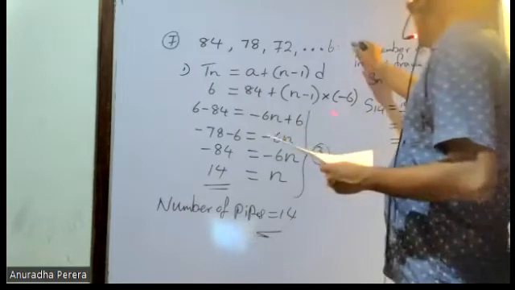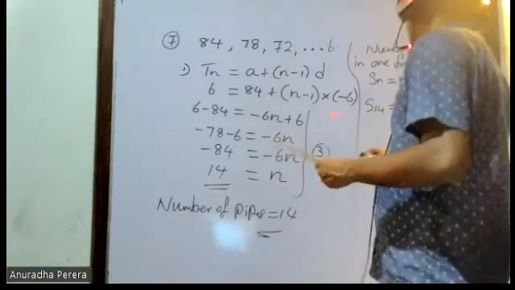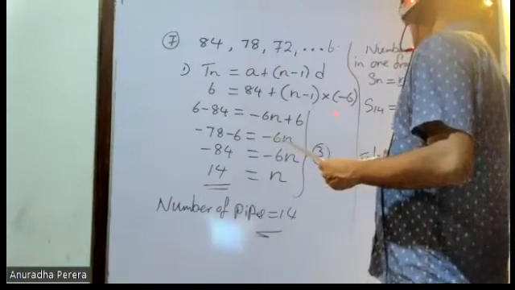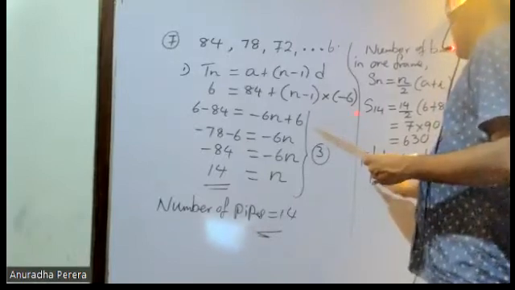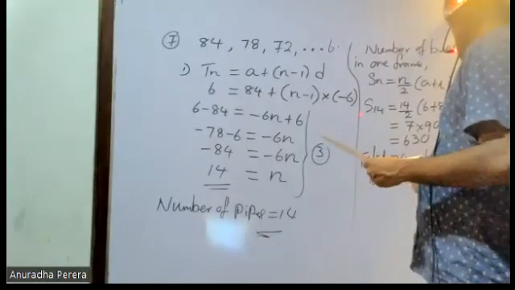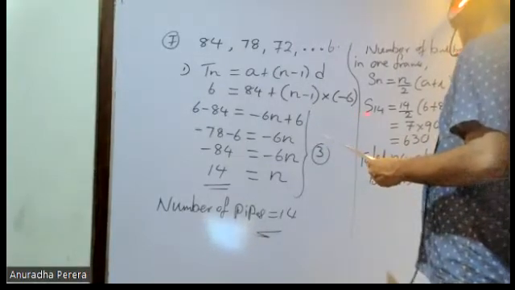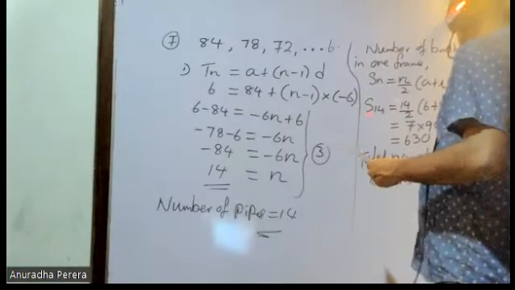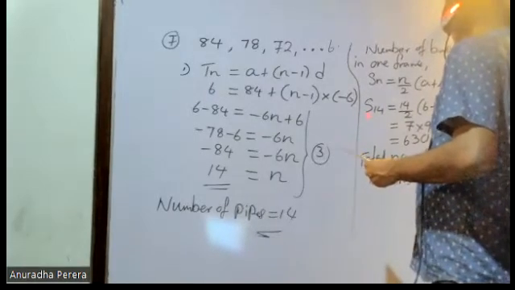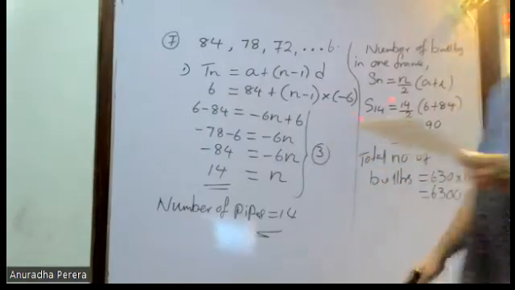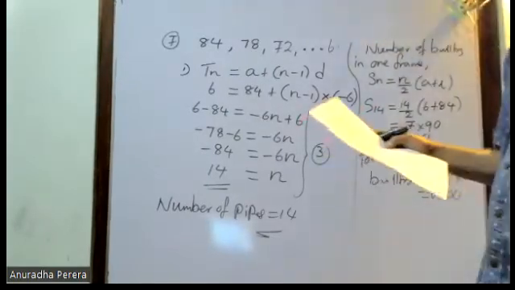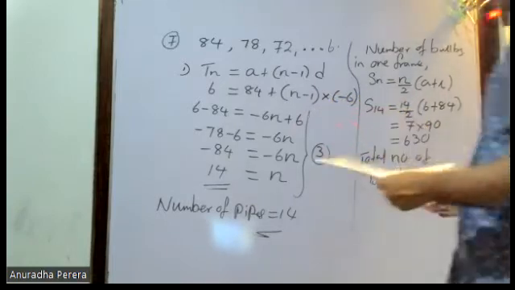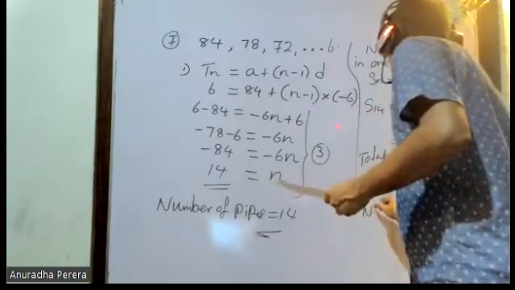In total, the number of bulbs is 630 multiplied by 10, which is 6,300.